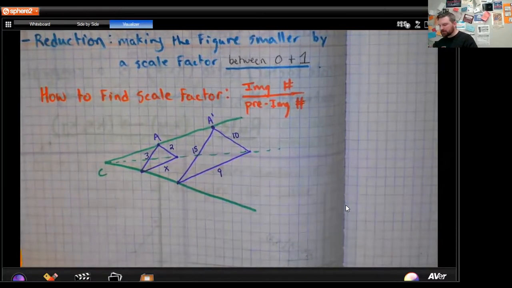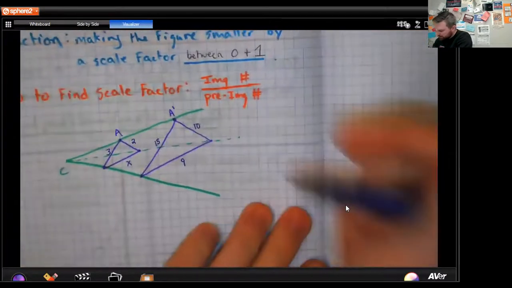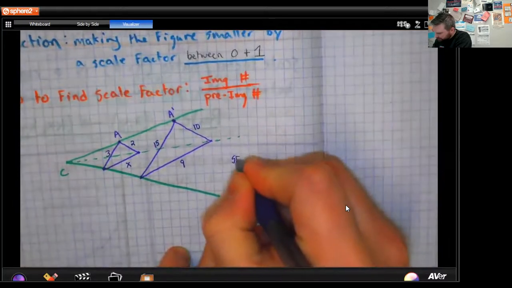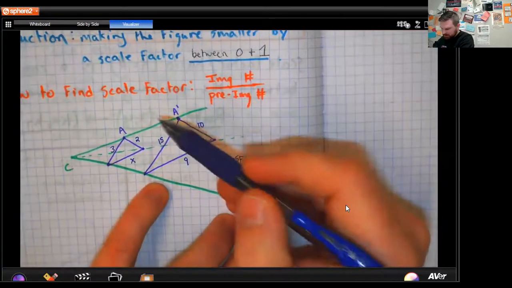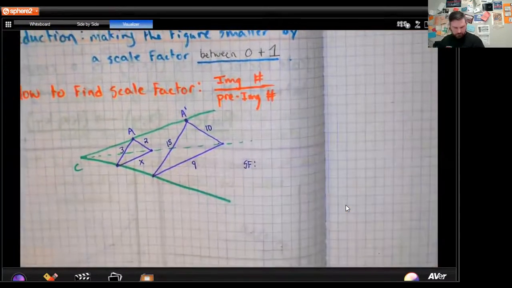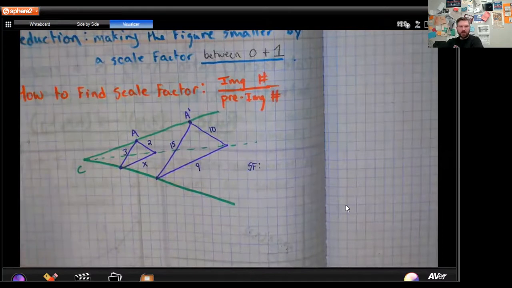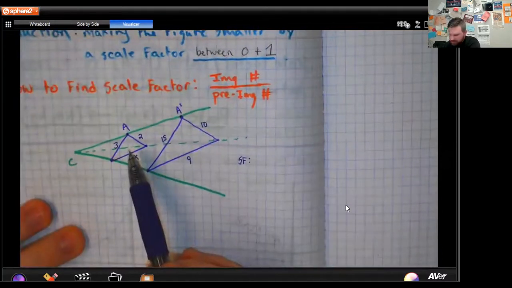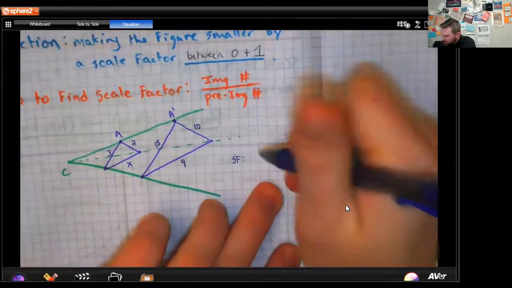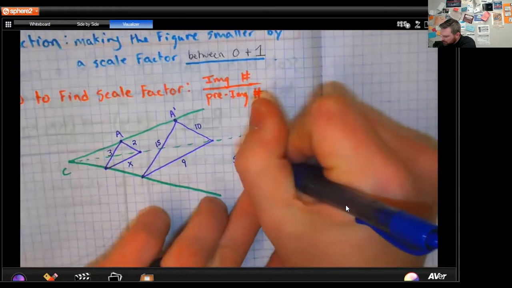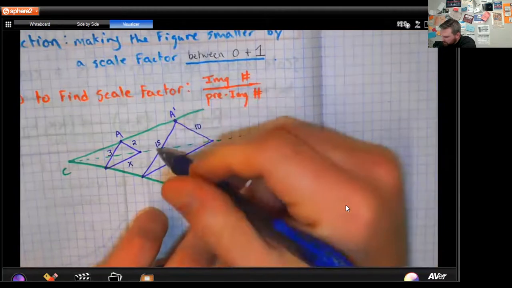So I can still find the scale factor using this formula here. In this case, the scale factor would be an image number over a pre-image number. So going from this pre-image to this image, we've got 15 over a pre-image number that goes with this, which would be 3.